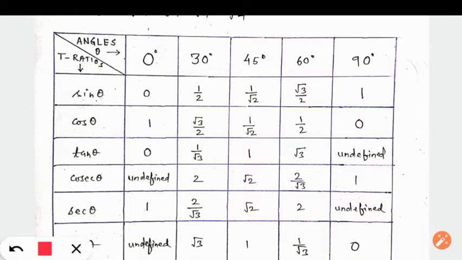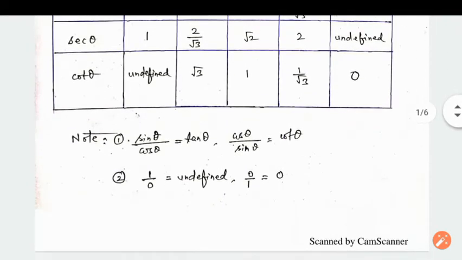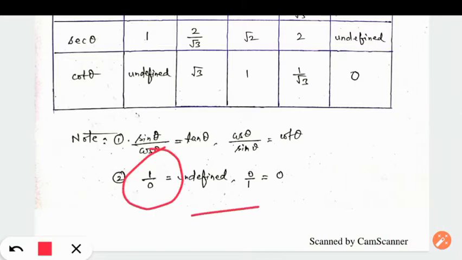Now tan 90 degree. For that we need to divide 1 with 0. So 1 divided by 0. 0 can never divide any number. If 0 divides any number, it becomes undefined. So 1 divided by 0 is undefined. See, I have written here a note: 1 divided by 0 is undefined. Not only 1, 2 divided by 0, 1 crore divided by 0, it is undefined.